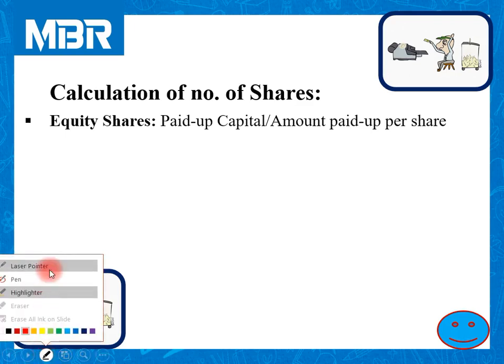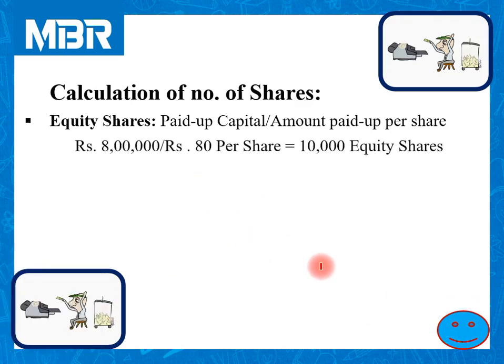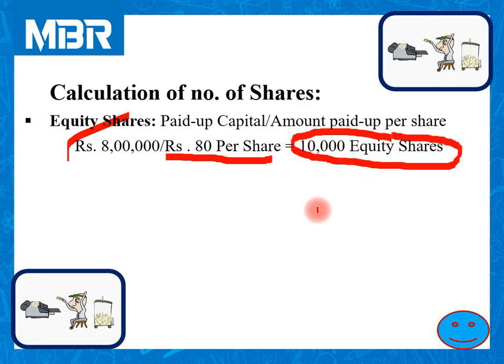If you want to check for your reference, you can easily calculate with the help of the question given by the examiner. Refer to the liability side of the balance sheet. Equity share capital is given for rupees 8 lakhs. Face value is rupees 100, but paid up amount is rupees 80 per share. So 8 lakhs divided by rupees 80. So the number of equity shares is 10,000.